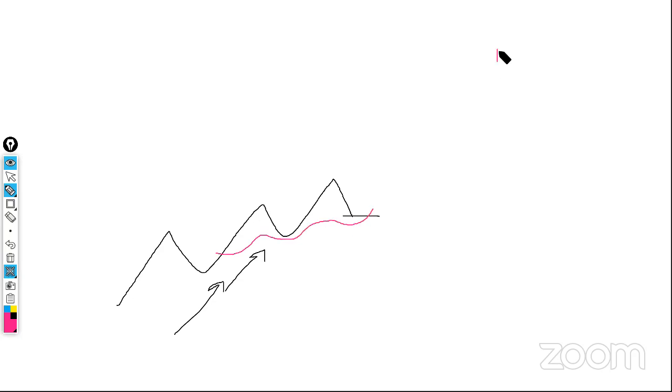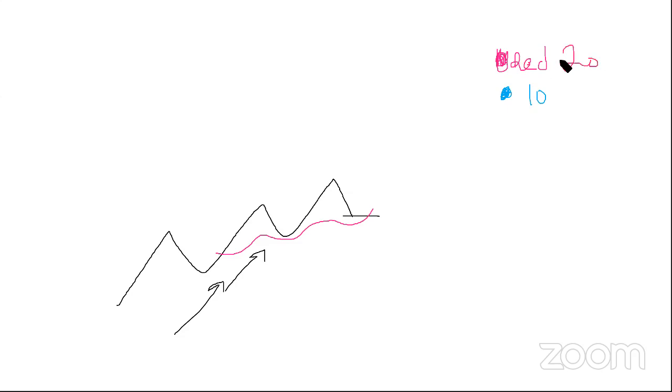The red is my 20 EMA, and maybe purple for my 10 EMA, whereby this is the 20 EMA.